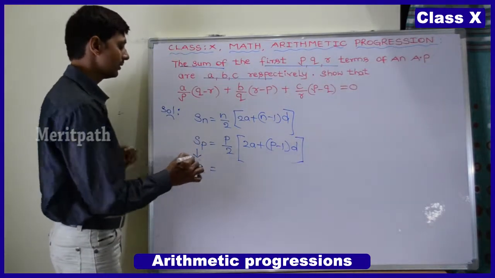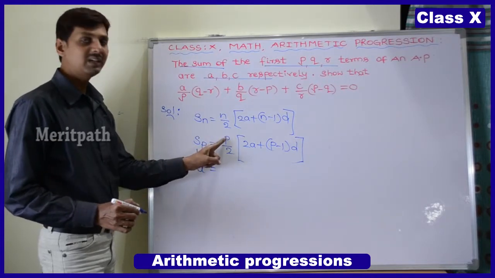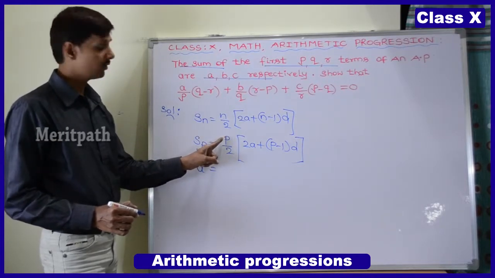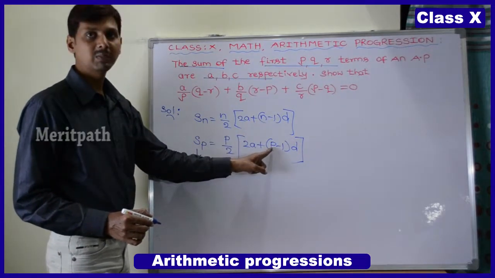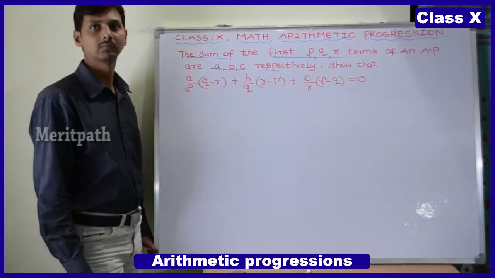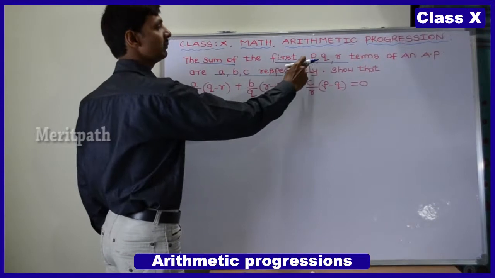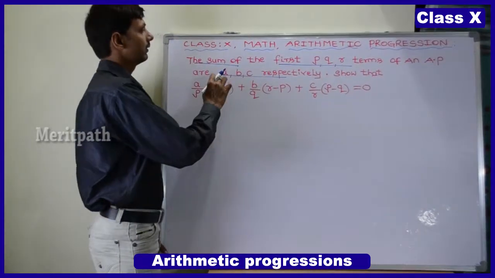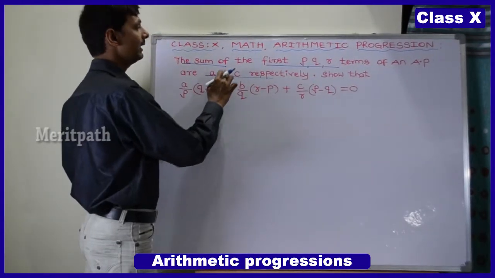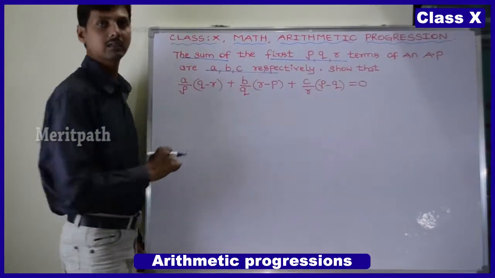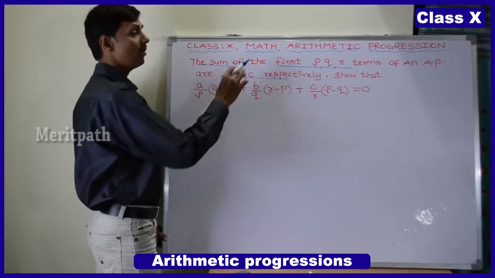In the place of n we have written p, and 2a plus (p − 1)d. We need to use the formula of the sum of n terms.